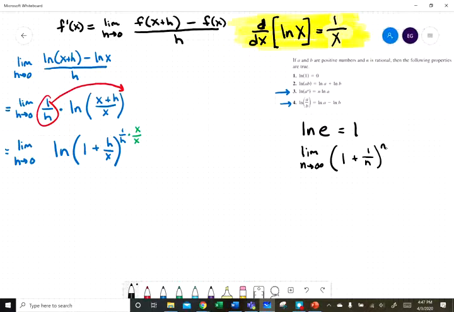All right, so I'm trying to take what I have over here on the left in blue and make something in there look like the number e.